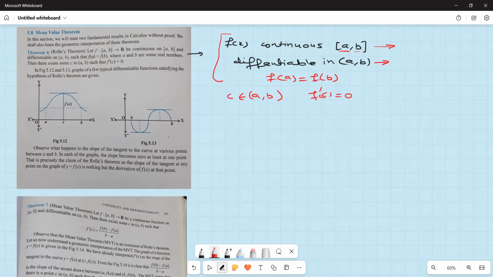What does this mean, f'(c) is equal to 0? The derivative is always the slope of the tangent. So if the slope of the tangent is 0, isn't the tangent parallel to the x-axis?